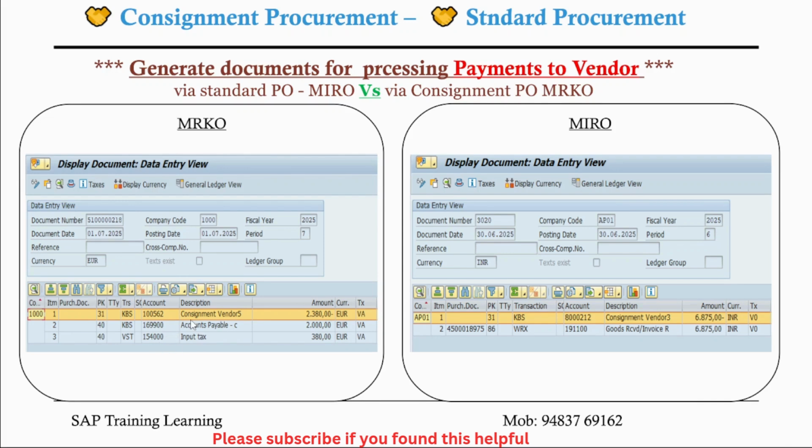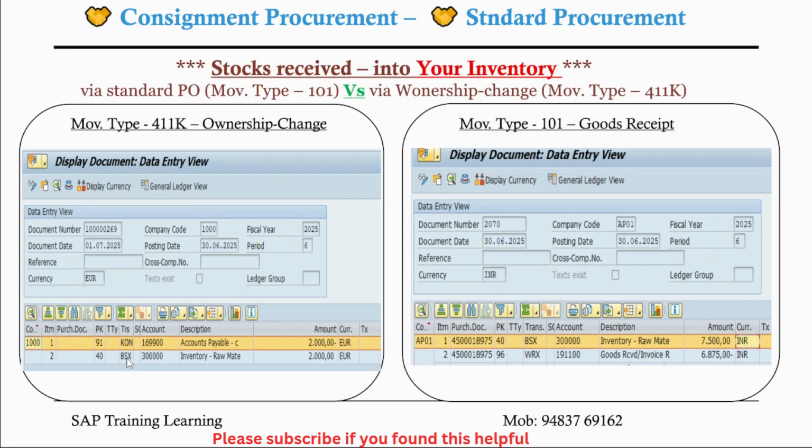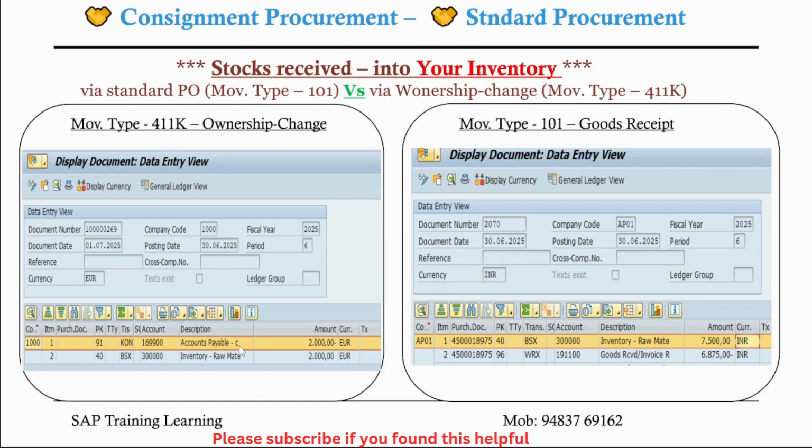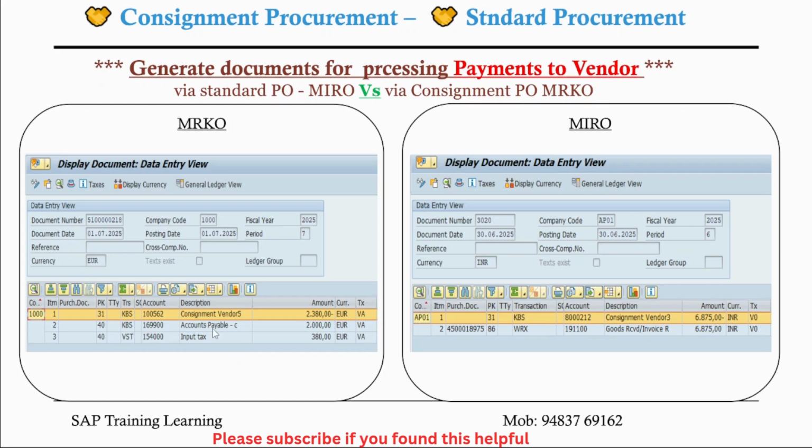That time your BSX and your consignment account are negative here, right? And if you see, accounts payable is negative, accounts payable is positive, and here the consignment vendor account is in negative, and there is also a tax component, so it's on the positive side, and this is the amount you are liable to pay to the vendor.